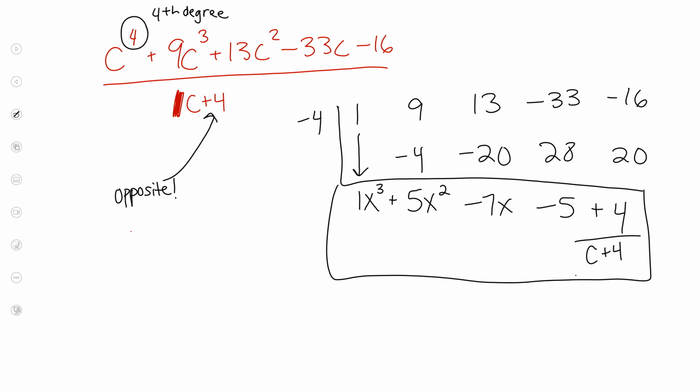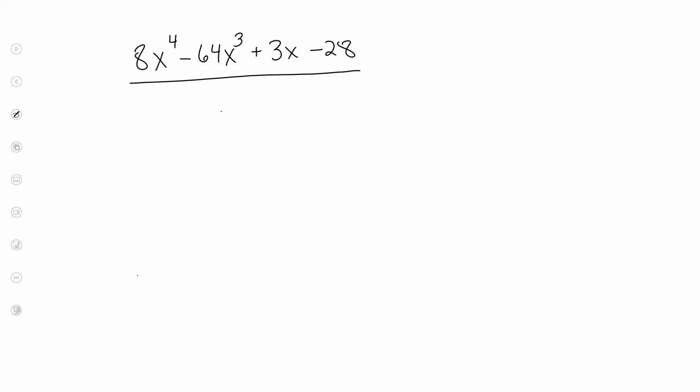All right, guys, I'm going to give you one more example. We're going to do an example that has a missing term. Okay? So I'm going to do number 6 with you guys. This is 8x to the 4th minus 64x cubed plus 3x minus 28 divided by x minus 8. Okay, do you guys notice what the missing term is?